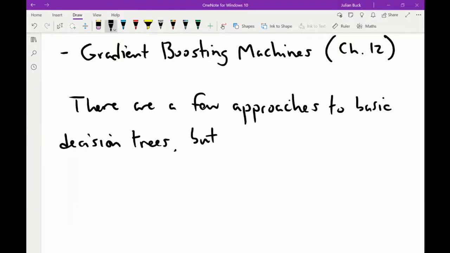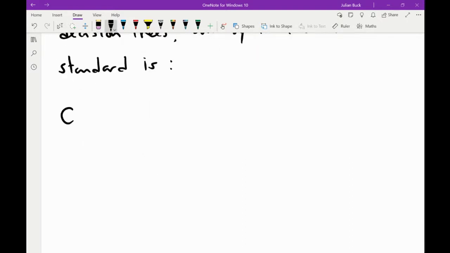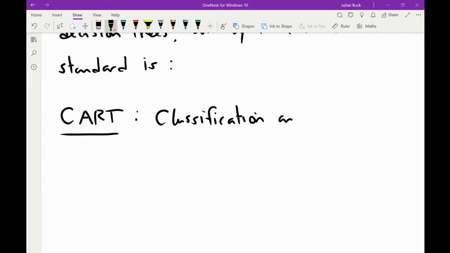But by far the most standard, and what we're going to talk about, is what's called CART, C-A-R-T. This is what you may have heard of depending on which courses you've taken, like STAT 310 and 311. CART stands for classification and regression tree. And as the name suggests, this approach can handle both classification and regression problems, which is great.